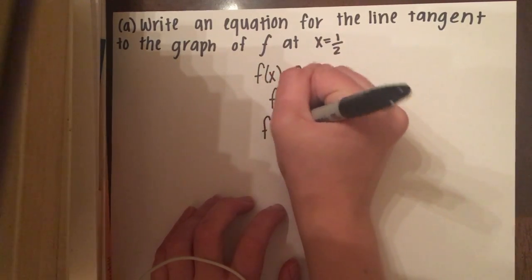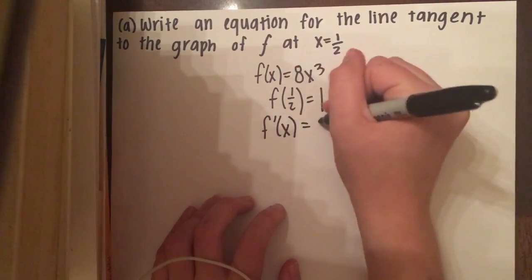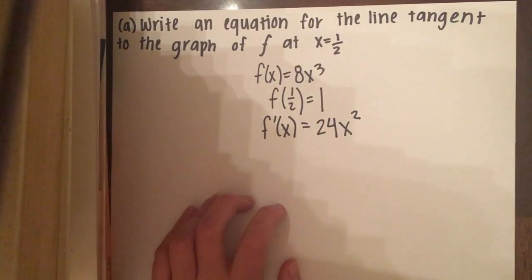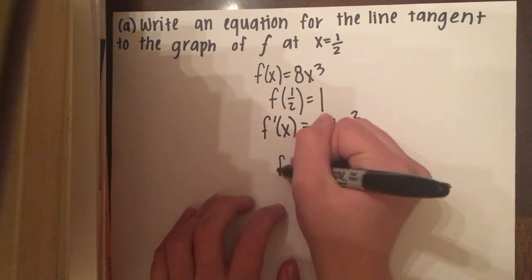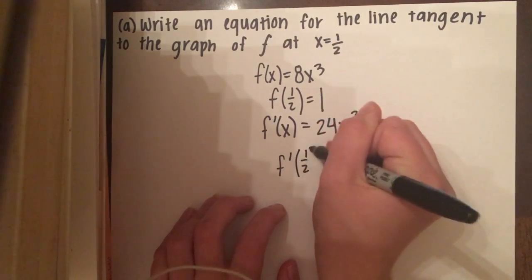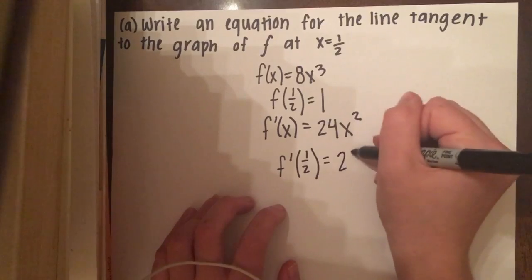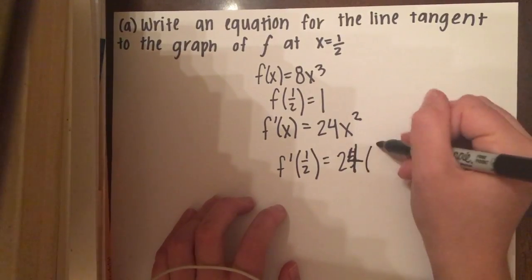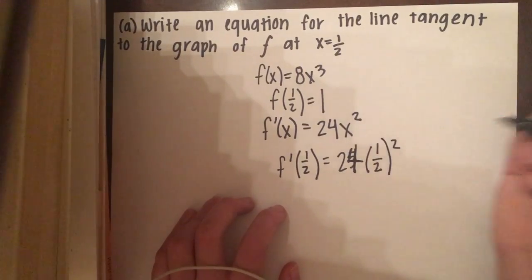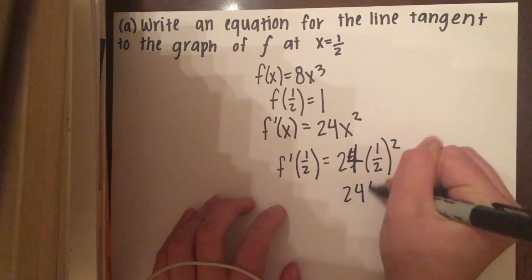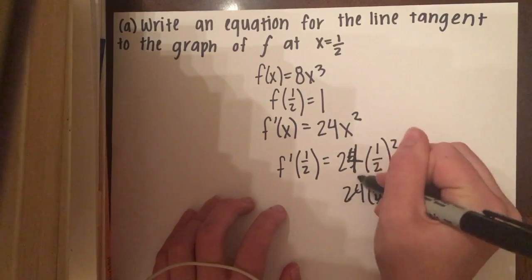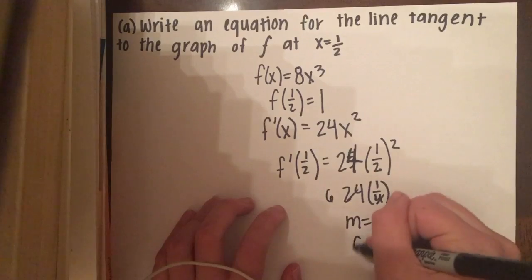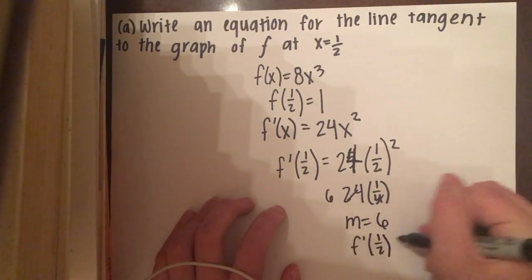So first of all, the general derivative is going to be 24x squared, and then we evaluate that at 1/2, and we get 24 times (1/2) squared. So 24 times 1/4. So m equals 6, or f prime of 1/2 equals 6.